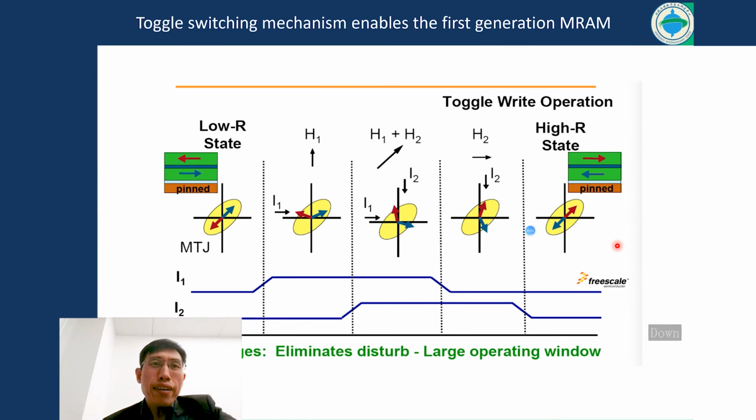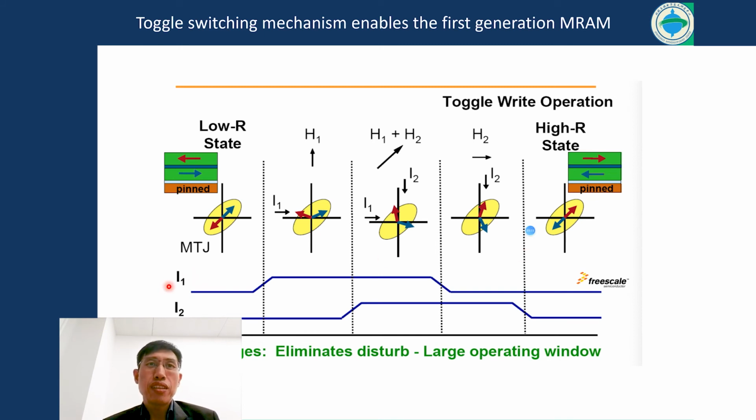So why do we use the toggle mechanism? First, let's see the first generation of MRAM. In this case, we use two currents which generate the joint magnetic field. So for these two currents, we use the toggle mechanism.